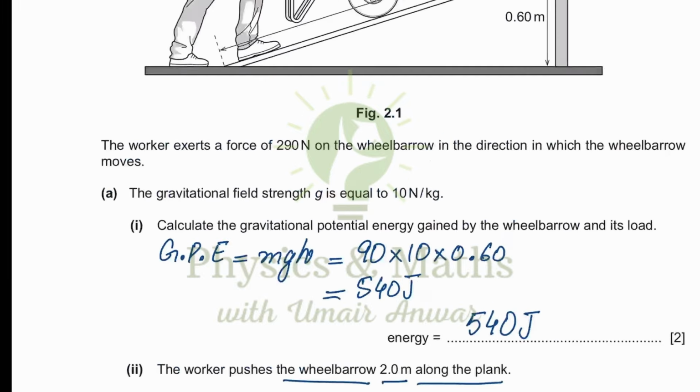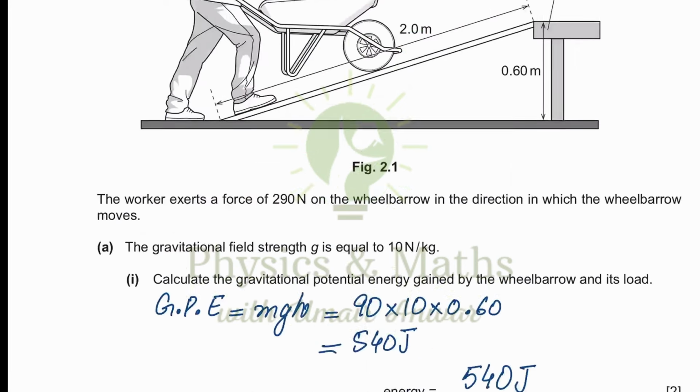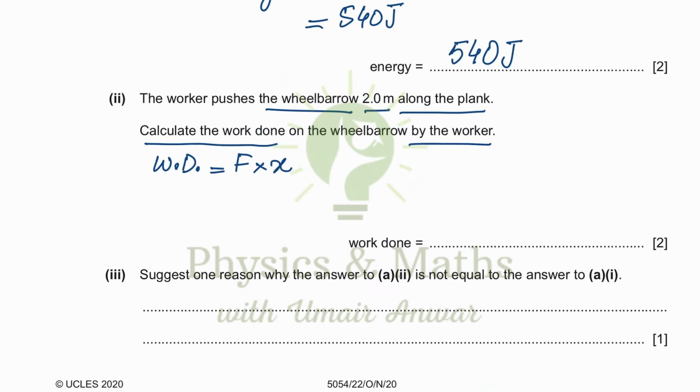And we can see that the force being exerted by the worker on the wheelbarrow is 290 Newton, and the distance covered in the direction of the force is 2 meters. So we are going to use these two values. It would be 290 multiplied by 2.0, and it gives 580 joules as the answer. So the work done is 580 joules here.